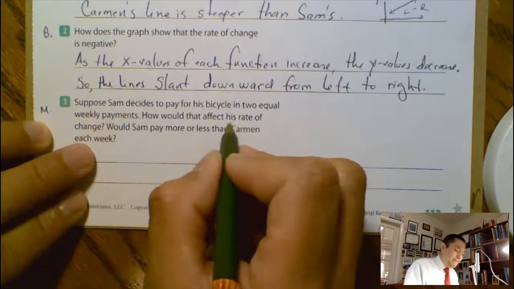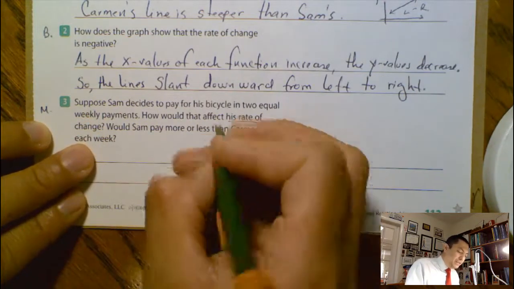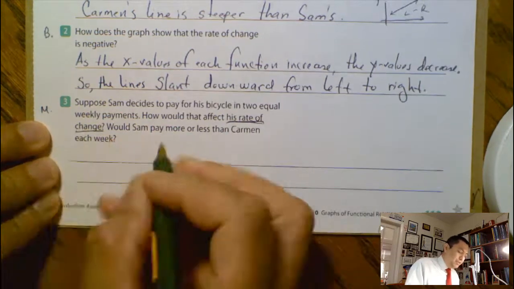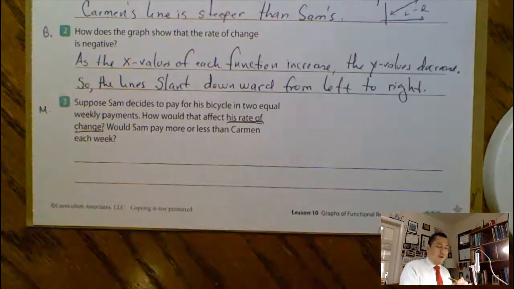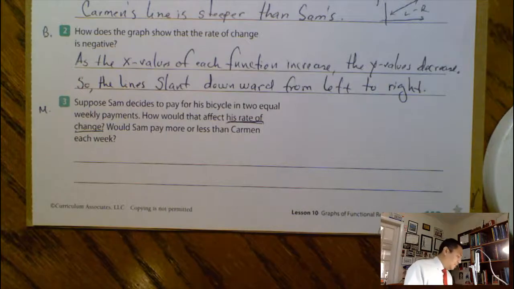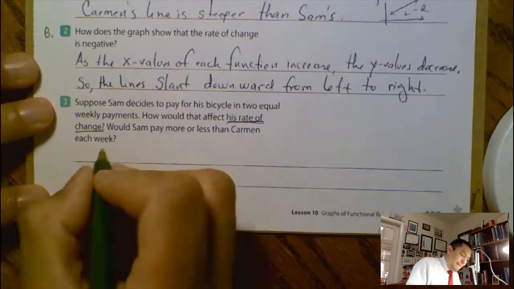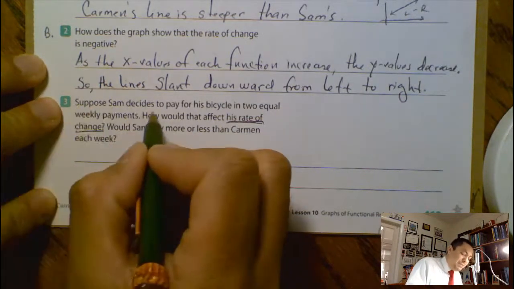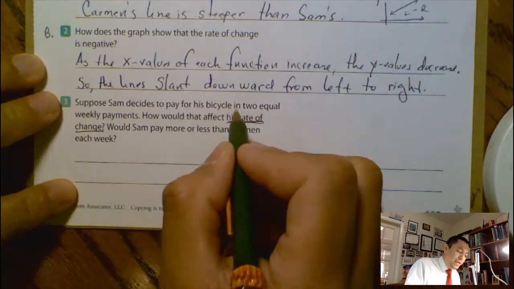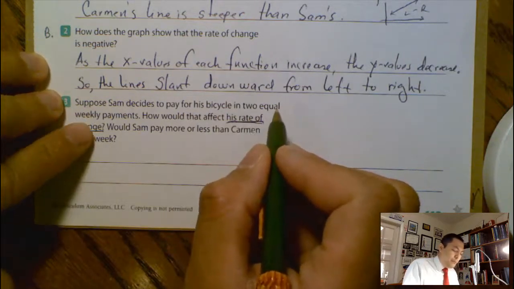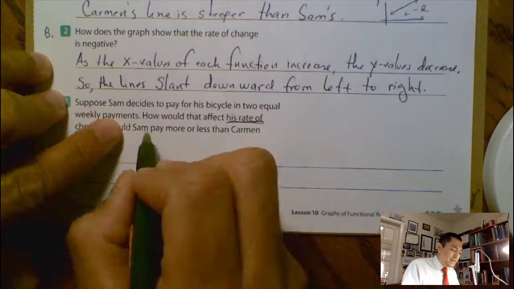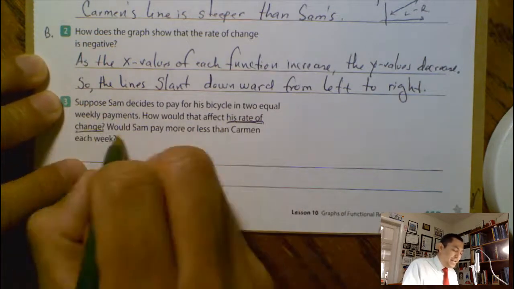How will that affect his rate of change? Will Sam pay more or less than Carmen each week? Remember, Sam decides to pay for his bicycle in 2 equal weekly payments. How will that affect his rate of change?